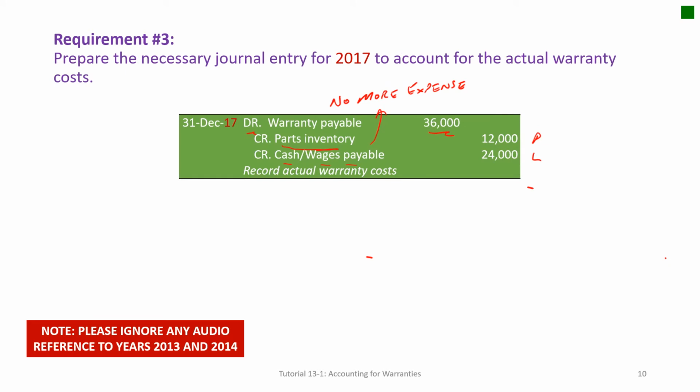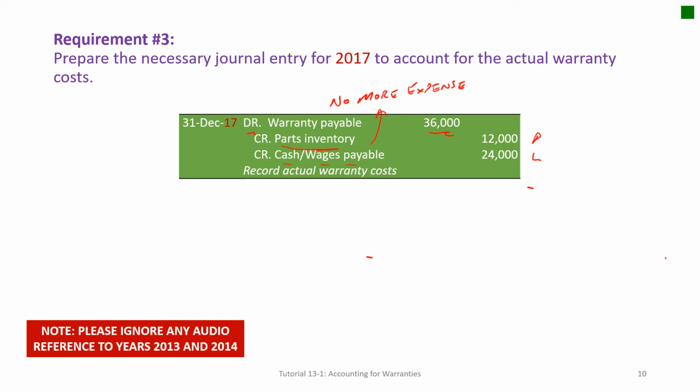Requirement 3 is where we start to account for warranty costs that we incur to service the warranties. And from the data in 2014, the company incurred $36,000 in total costs of parts and labor to service the warranties. And so what we're going to do here is debit the warranty payable that we had already set up for this.